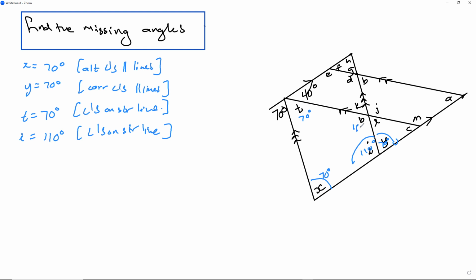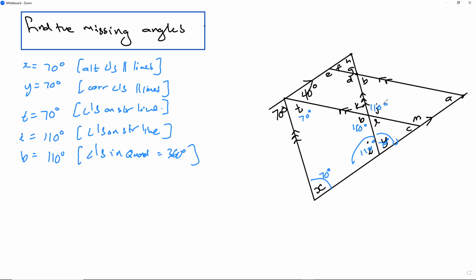So B has to be 110 degrees as well, because 110 plus 110 equals 220, and 220 plus 140 becomes 360. So B is 360 degrees minus the other angles, which comes to 110. I'm just going to put the answer in there for now: angles in a quadrilateral equal 360 degrees.